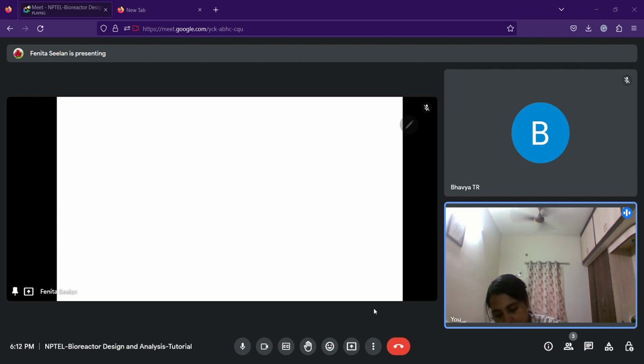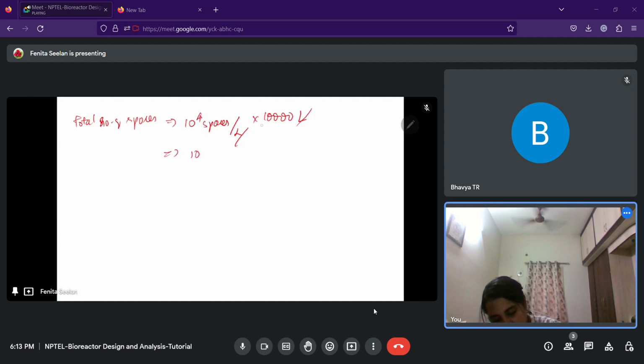To calculate the total number of spores, we have to multiply the number of spores provided by the volume of the reactor. So the total number of spores would be 10 power of how many? 10 power of 8 spores.